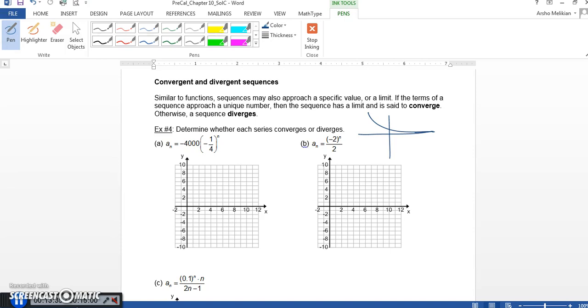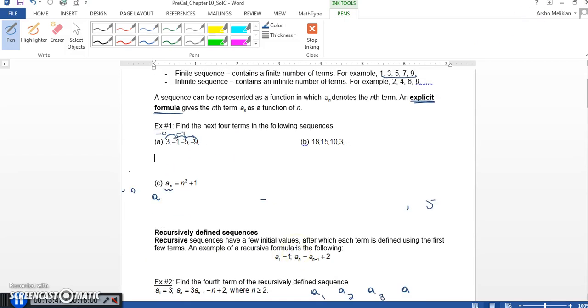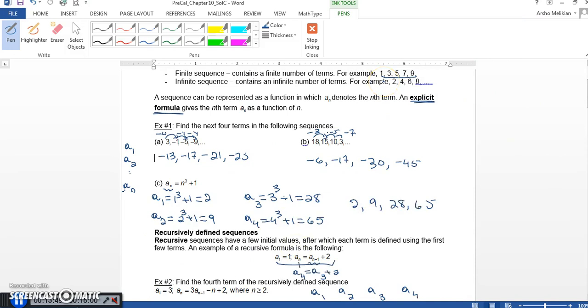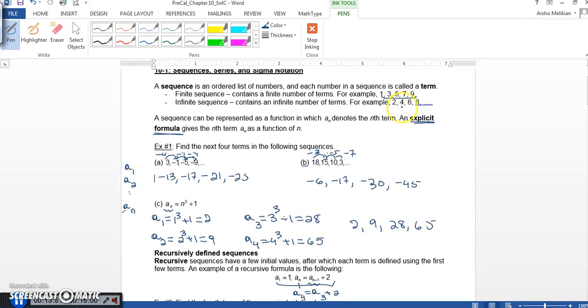Now, sequences can also approach a certain value, or the numbers could just keep increasing to infinity. For example, the sequences that we started out with here are just going to increase forever and ever. So 2, 4, 6, 8, and then we're going to go into the millions and the trillions and infinity, right?